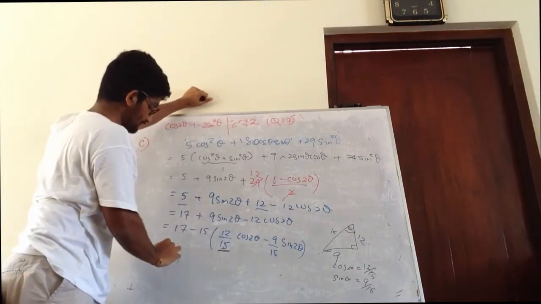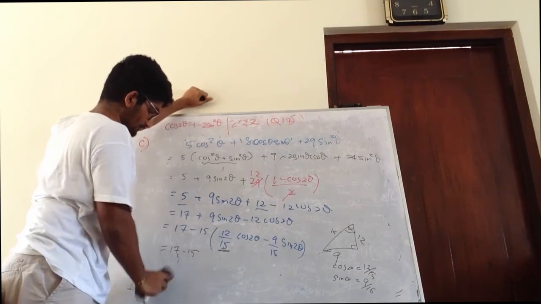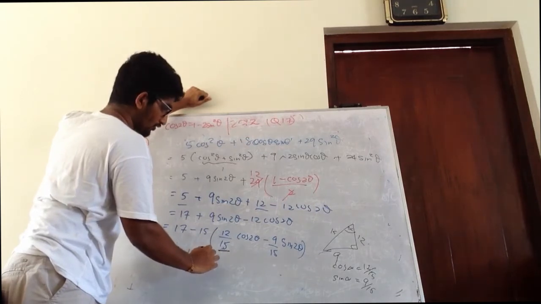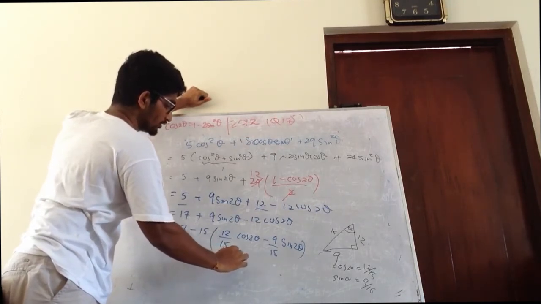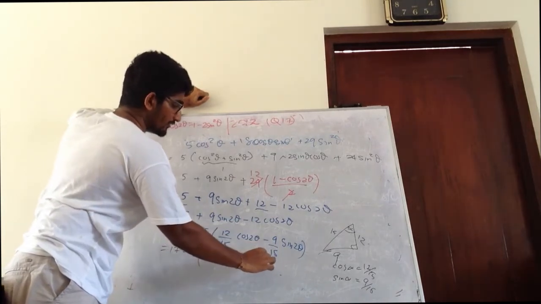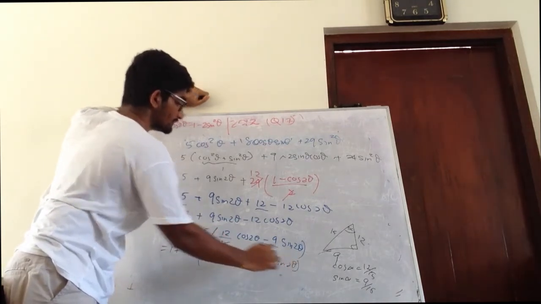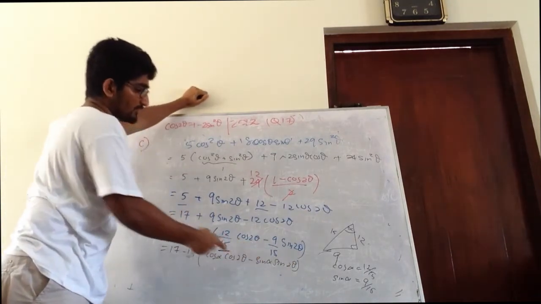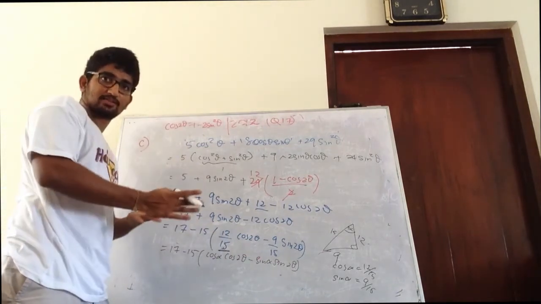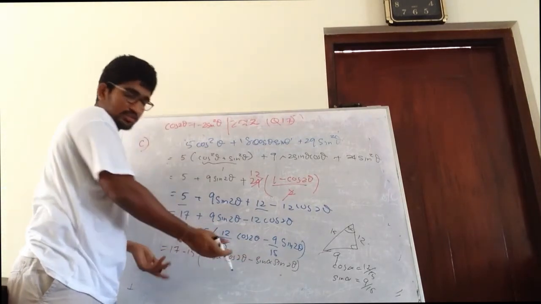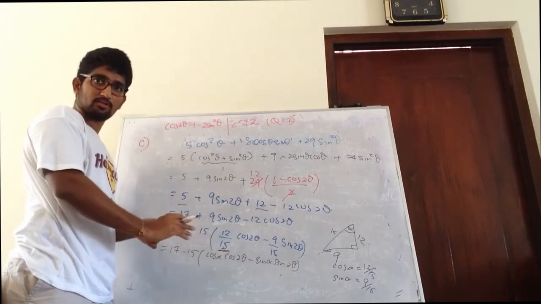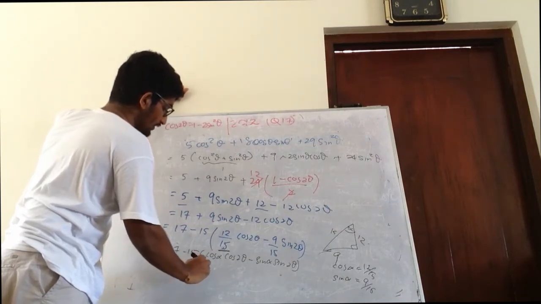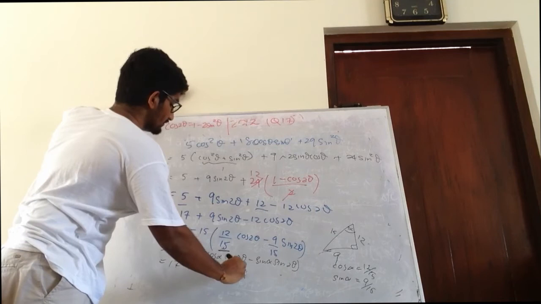So now I'll get cos alpha cos 2 theta minus sin alpha sin 2 theta. This is basically the expansion of cos 2 theta plus alpha, so this is 15 cos 2 theta plus alpha.